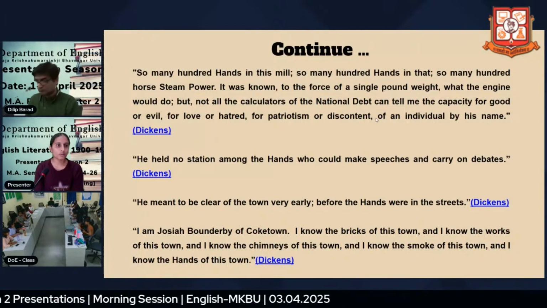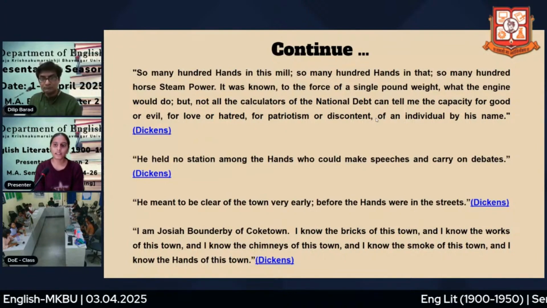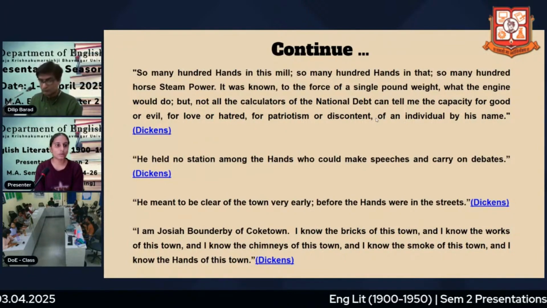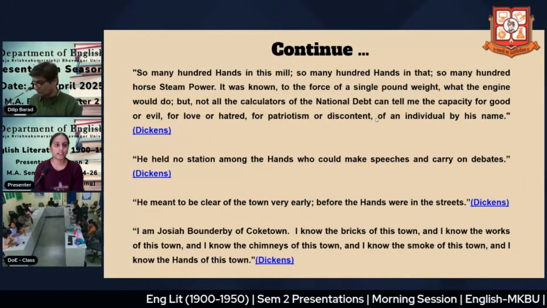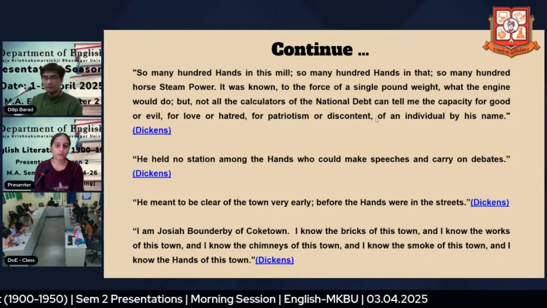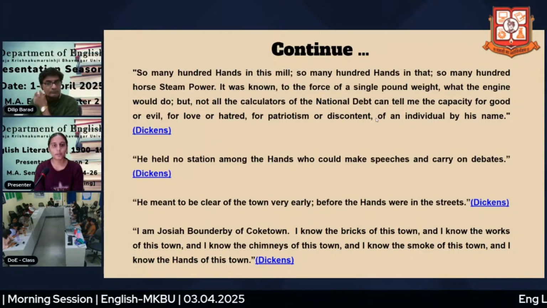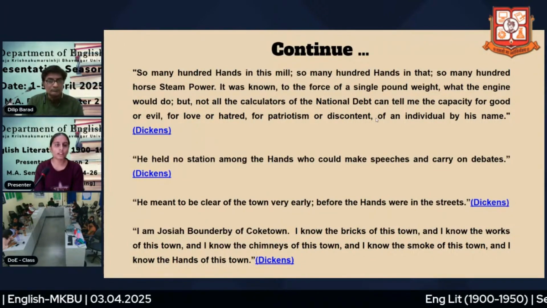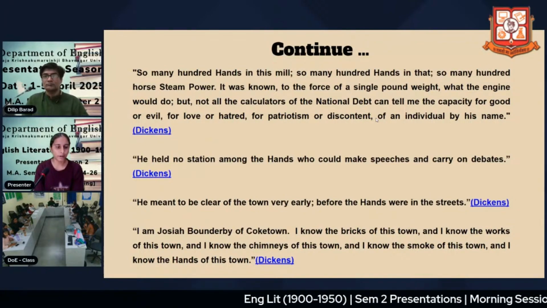Here is one line: "So many hundred hands in this mill, so many hundred hands in that, so many hundred horse steam power." This line reflects how the elite class treats labor. Then: "He held no station among the hands who could make speeches and carry on debates." So they believe that the lower class has no power to speak against power.